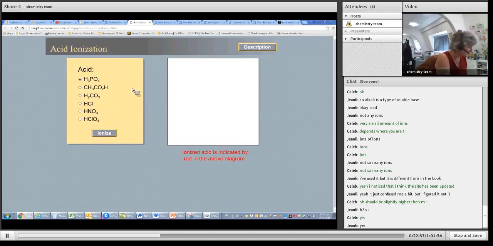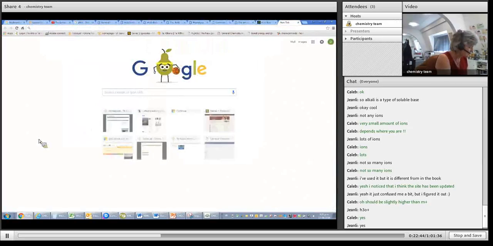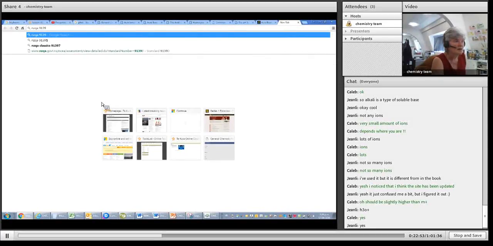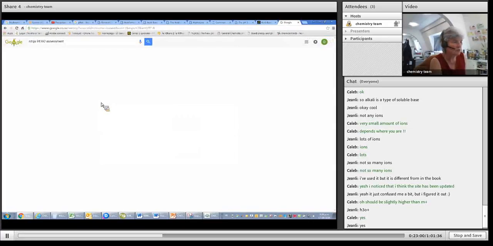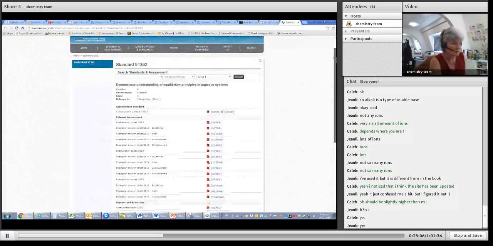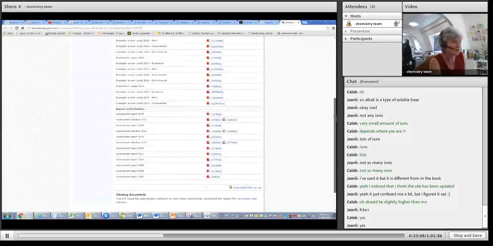In a 91392 assessment, normally there is, so this is just the NZQA site, and there normally is, I can't see it at the moment on here.